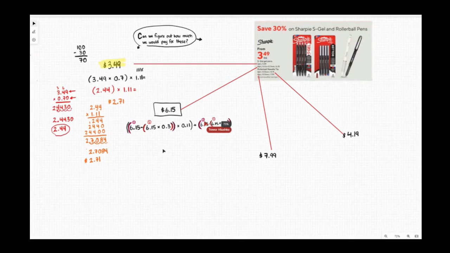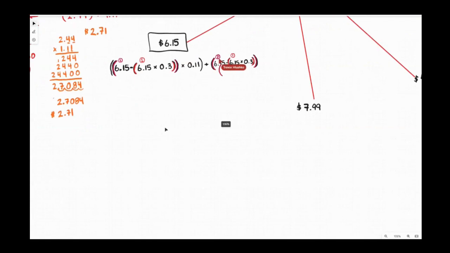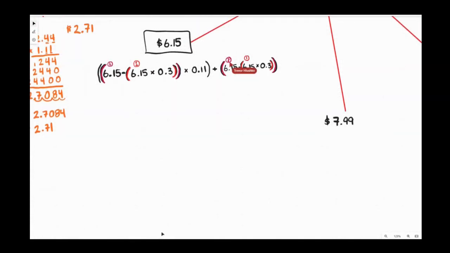I'm going to zoom in a little bit to make it a little bit easier for us to see, okay? And then I do the last set of brackets, which will be number 3. And then the very final part that I do is the adding, and that's number 4. Okay?